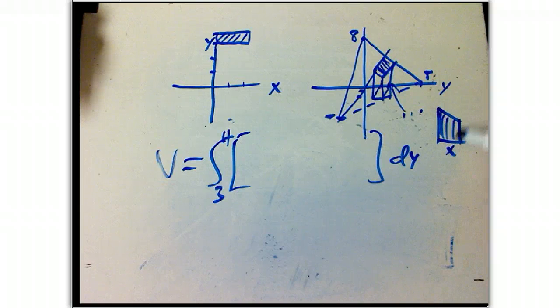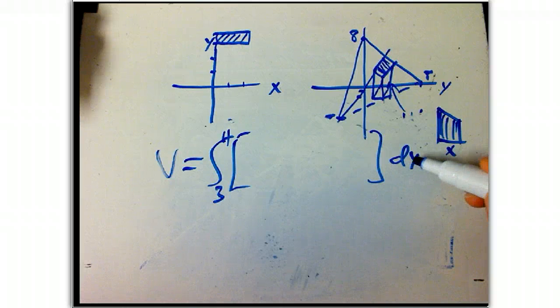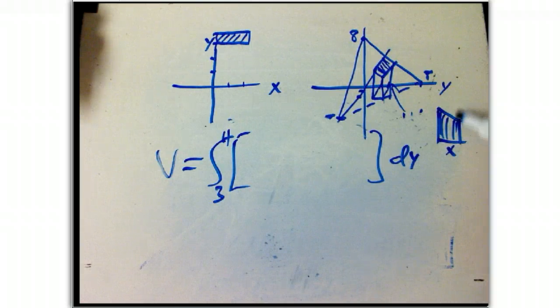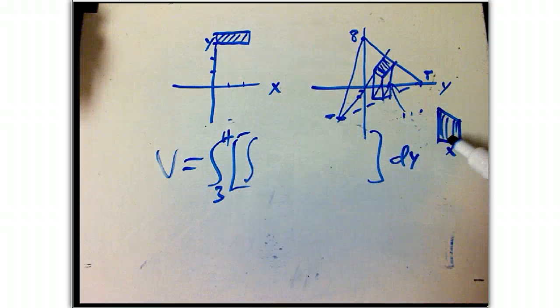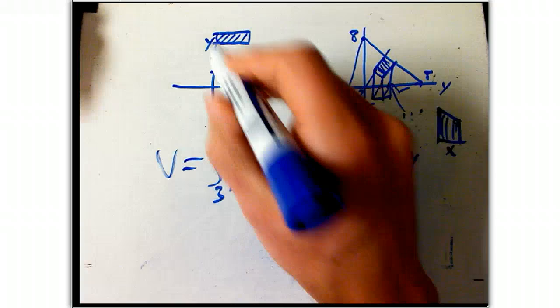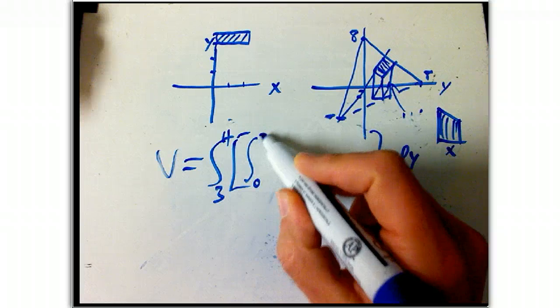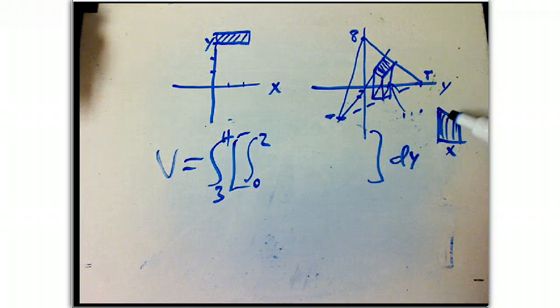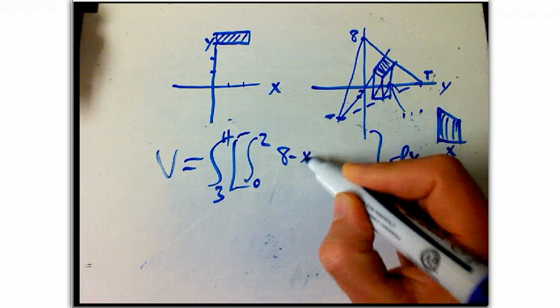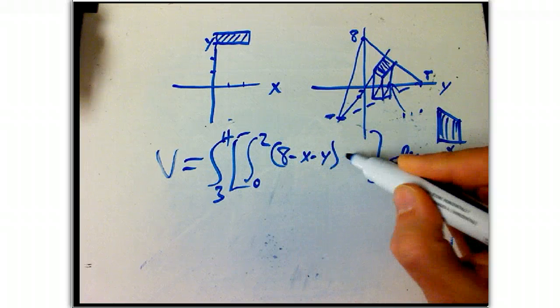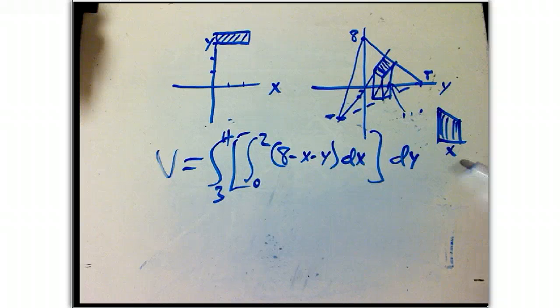For each slice, for a fixed value of y, that's a fixed slice, and I just need to describe the integral here. Well, that's exactly a standard problem, the area under a curve. That's going to be the integral from, now what are the x limits? That goes from 0 to 2, of the height of this guy. But the height is exactly just the function. That's an integral in dx. And then I'm going to integrate dy.